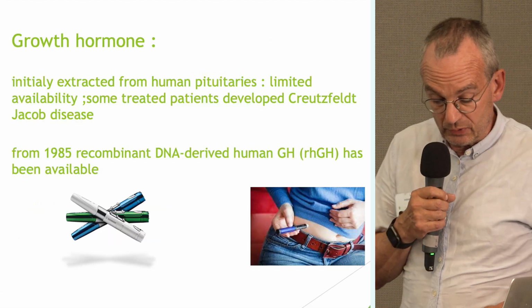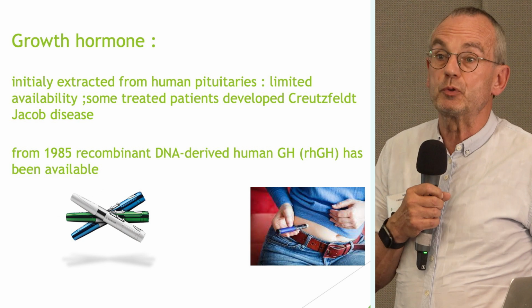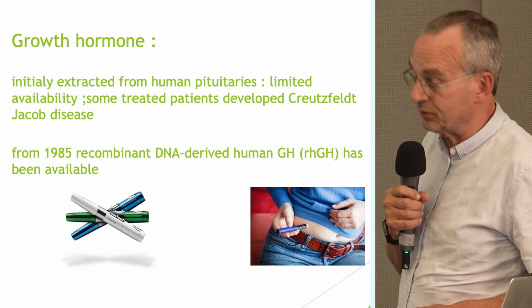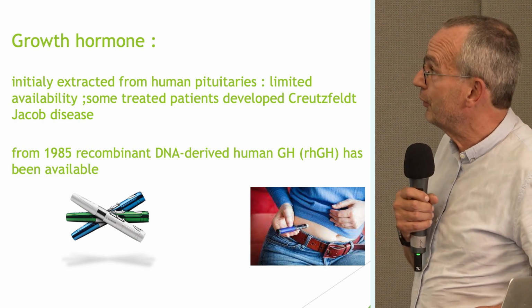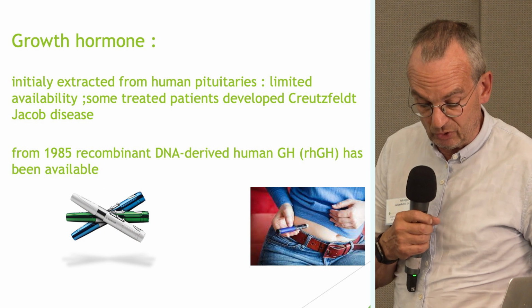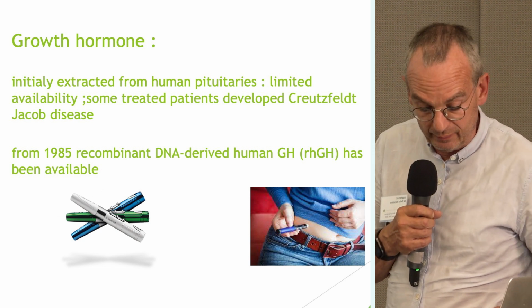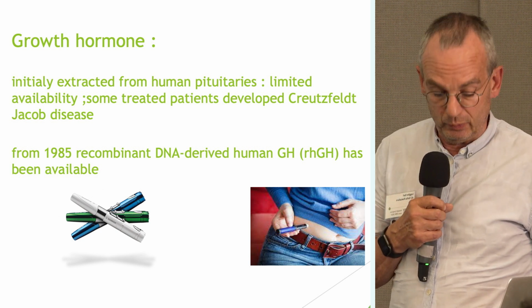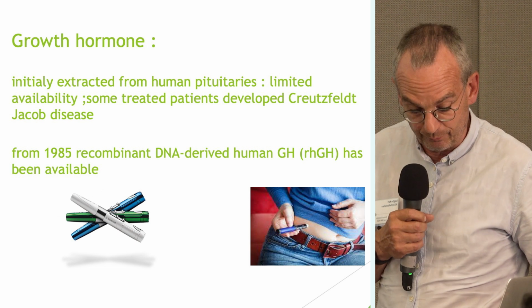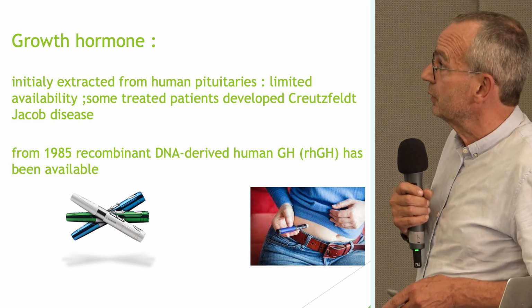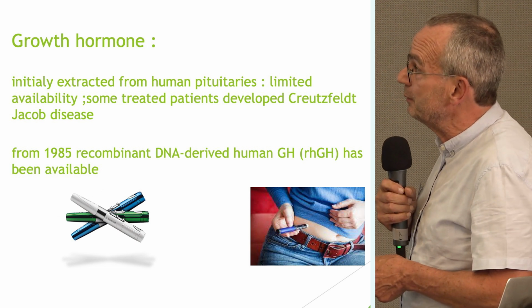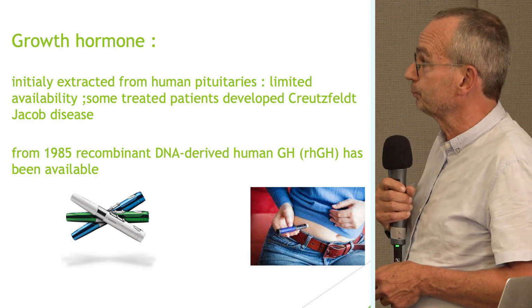As already mentioned, growth hormone is produced by the pituitary in a pulsatile pattern. The first growth hormone deficient patient was treated in 1958 with growth hormone extracted from cadavers. Of course, this meant that there was a very limited availability of growth hormone.